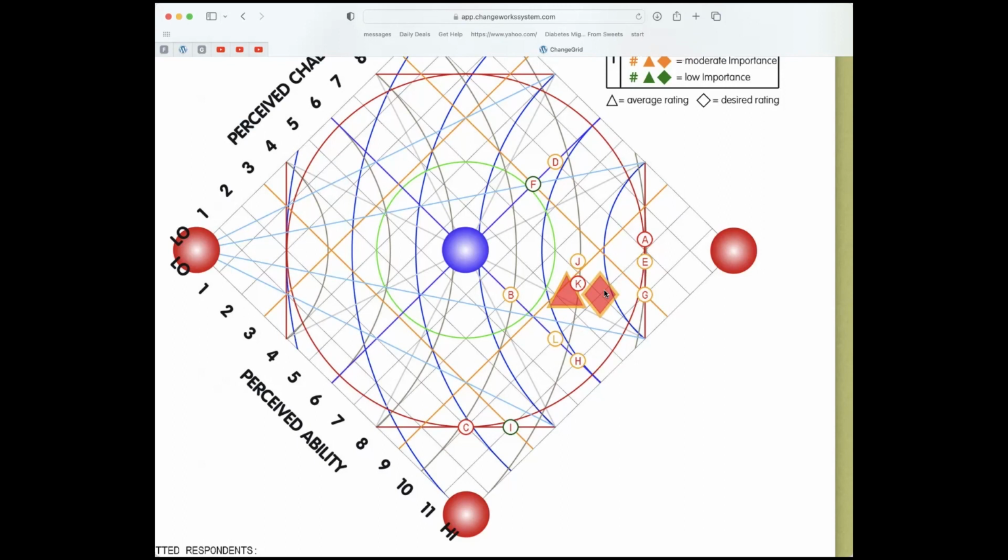The change grid is supposed to capture a psychological moment in time, and that moment is now. And so often I'm finding that people are filling out their change grids and they're answering based on how they usually are, how they generally are, maybe how they ideally are, instead of just plain how they are at this particular moment.